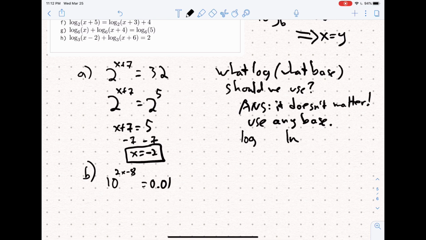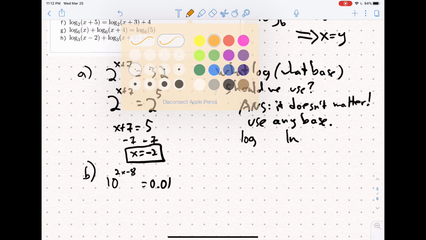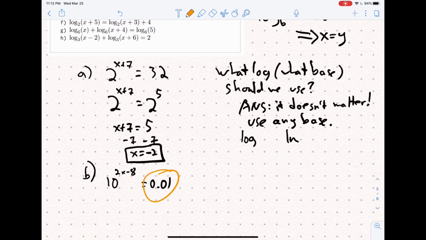And it's maybe worth noting that this 0.01 is equal to 1 over 100. And 1 over 100 is 1 over 10 squared.